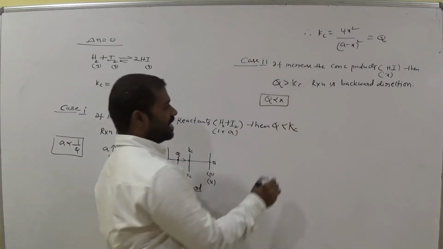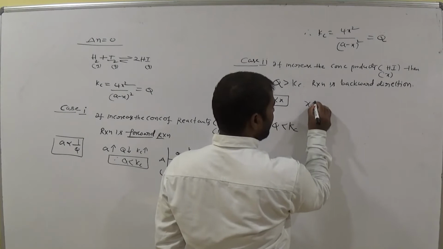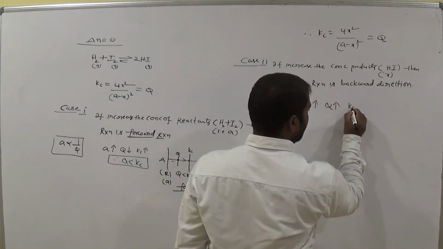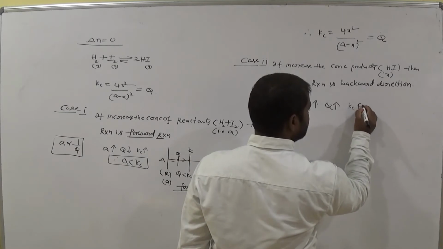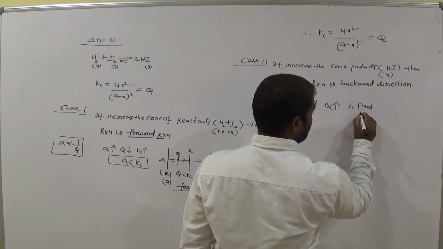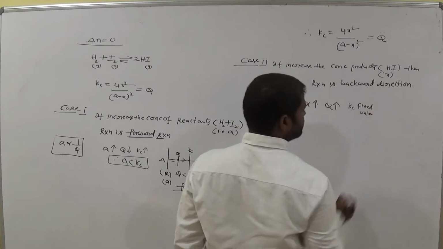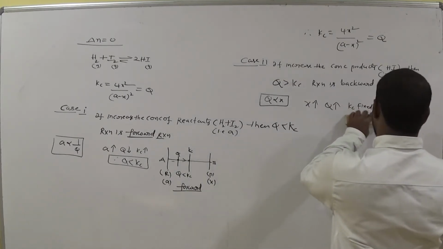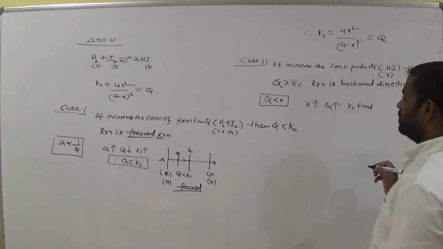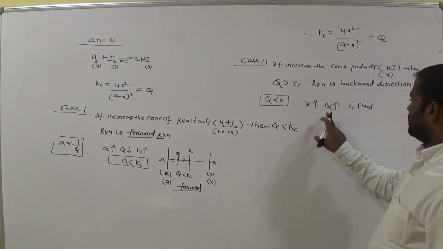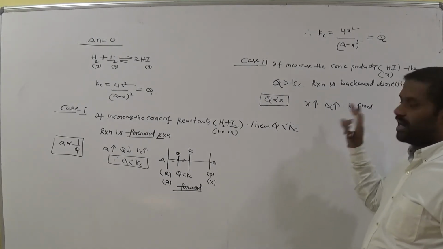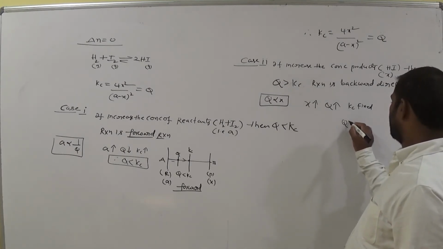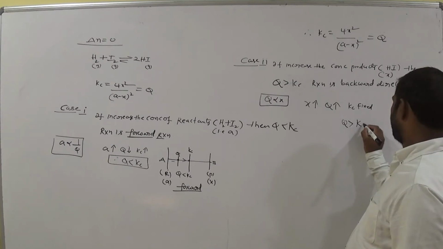Increase the value of x, increase the value of Q. So that means the value of Kc is a fixed value, remember. It is a fixed value. So with respect to Kc, the Q value is high here. We already discussed this. So Q is greater than Kc.